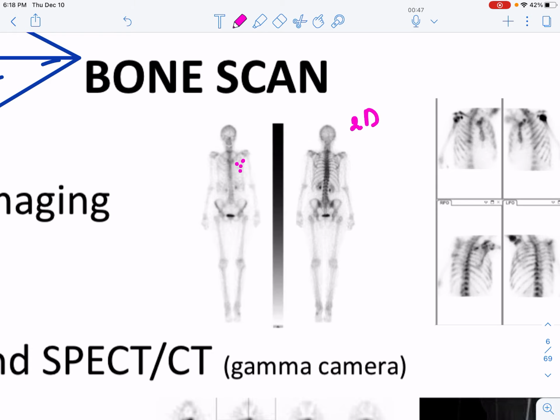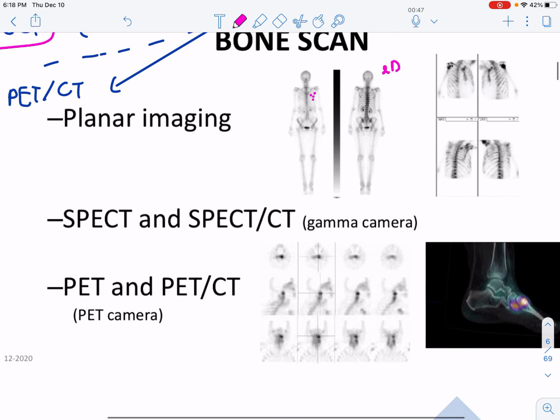Because of that, the need for SPECT is sometimes essential.